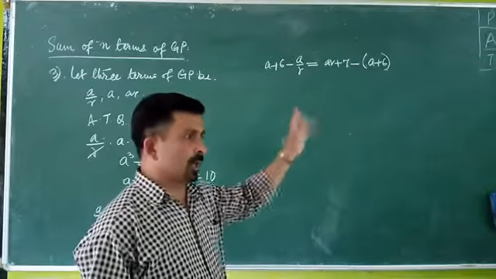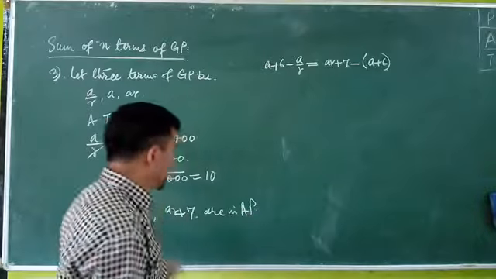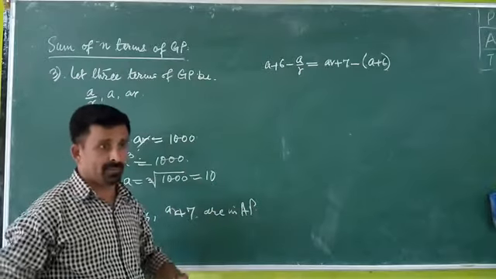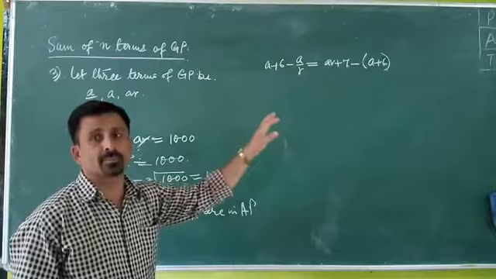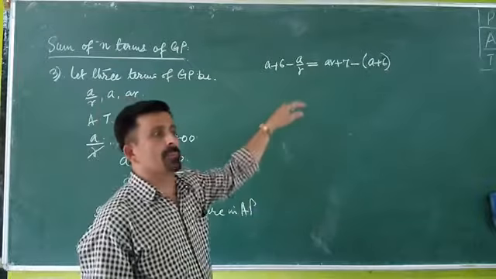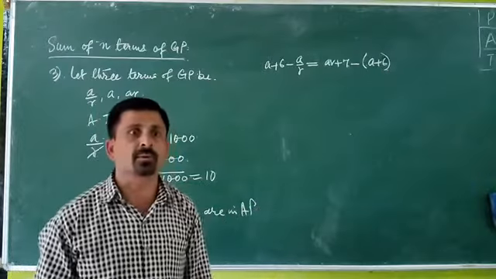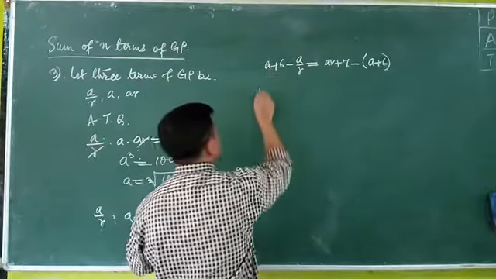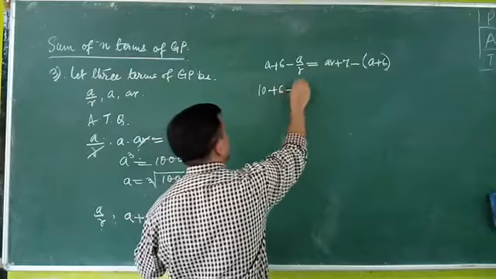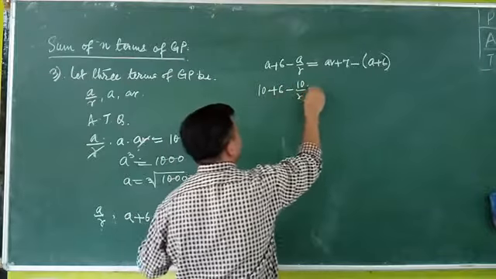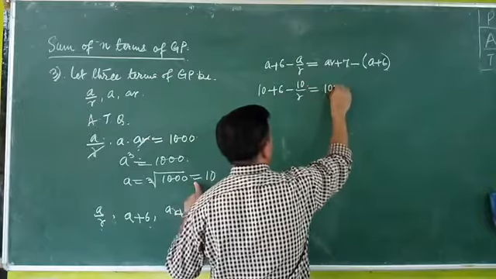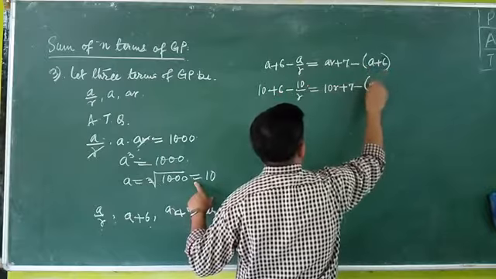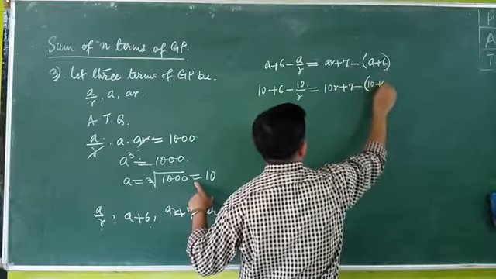After this, we are going to solve it and get the value of R. Because we have already calculated the value of A, and the question was very bulky, if we substitute the value of A and simplify, we will be able to trim the question. So A is 10. 10 plus 6 minus 10 over R is equal to 10R plus 7 minus (10 plus 6).